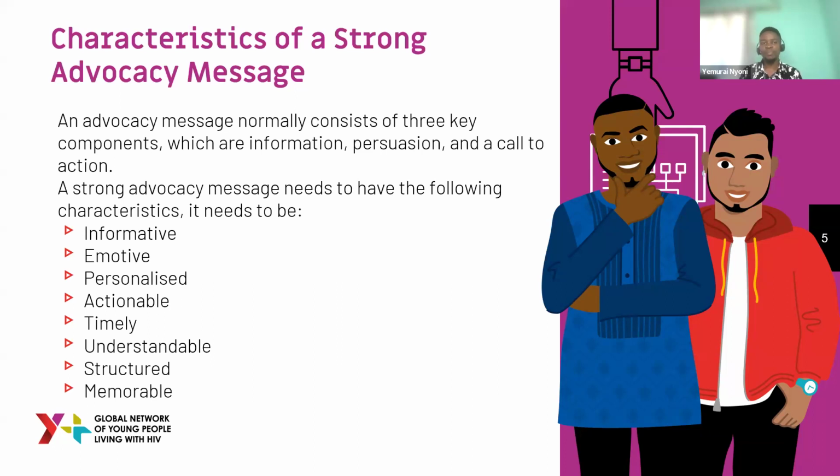It should be informative, persuasive, and action-oriented. So give people sufficient information on the issue, persuade them to be willing to act, and persuade them that your matter is important and that they are important in responding to it, and then include a call to action. So it should be actionable. The person should be able to see clearly what they need to do and can do on the issue, and when they need to do it.